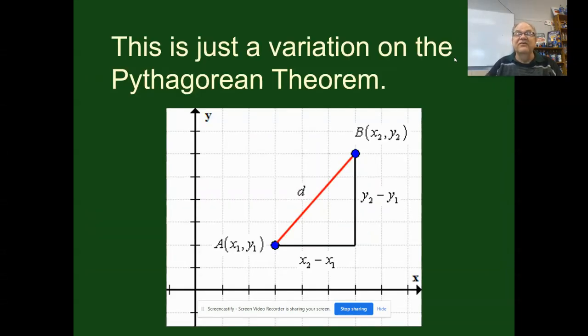It's really just a very complicated way of saying the Pythagorean theorem, because what you get when you subtract the x's is just like the bottom of this triangle. What you get when you subtract the y's is like the height of the triangle. And you know that one side squared plus another side squared has to equal the hypotenuse squared.